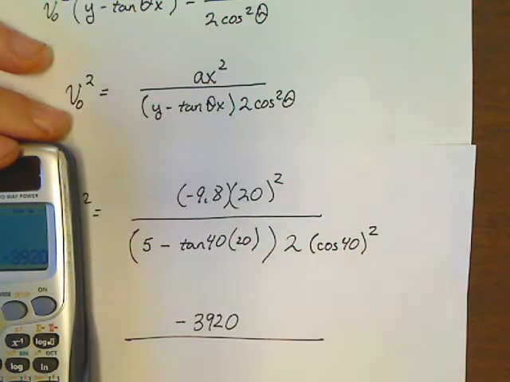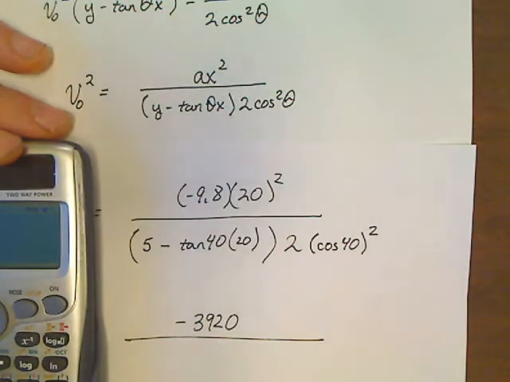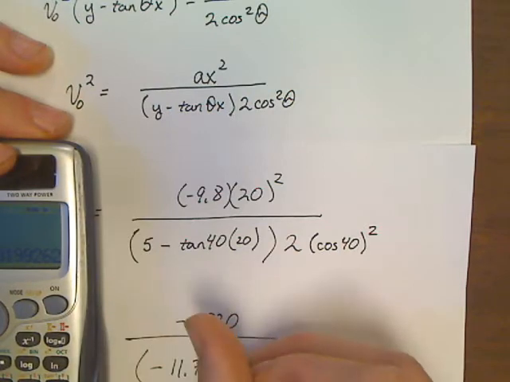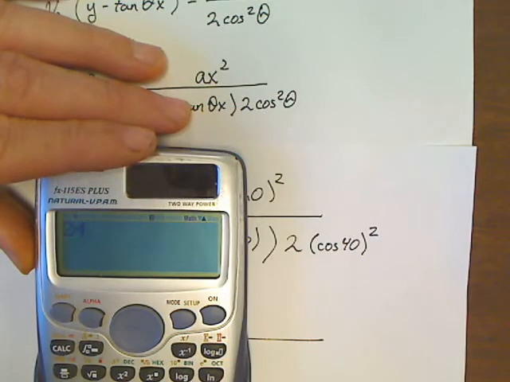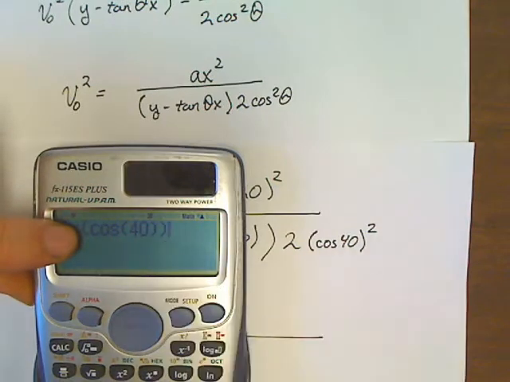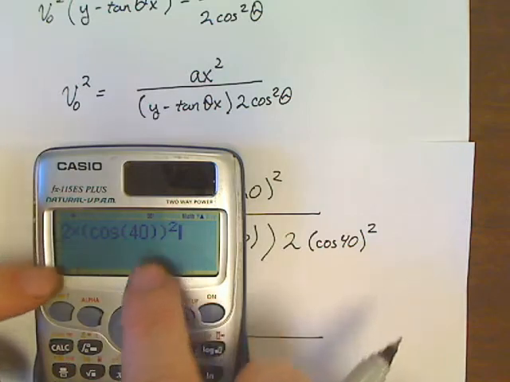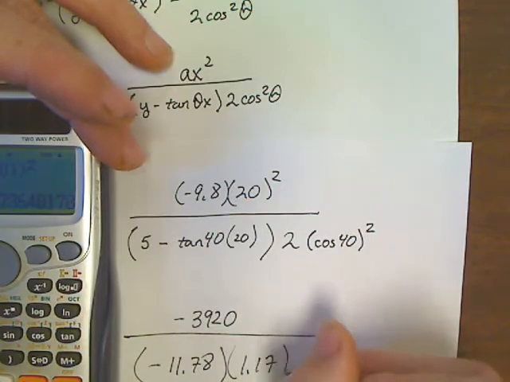Let's do this tangent 40, 20. 20 tangent 40. So that's 16.7. So 5 minus that would be negative 11.78. 2 times, watch how I do this. 2 times cosine 40 double parenthesis, because I want to square the cosine of 40. 2 times the cosine of 40 squared, and that's 1.17.